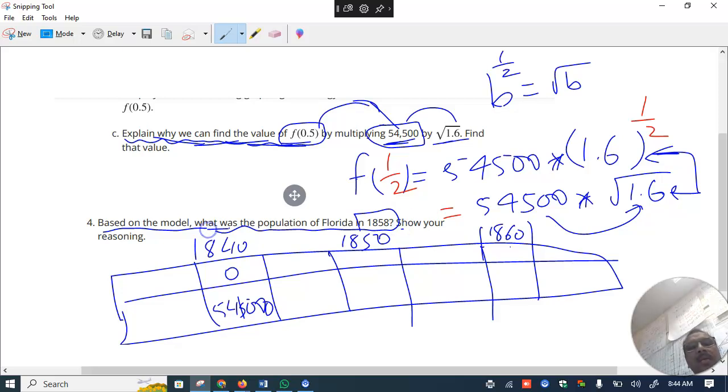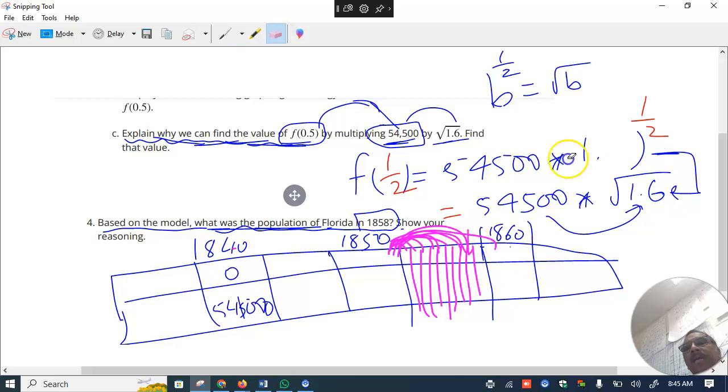What was the population in 1858? Now, where is 1858? This is 1840, this is 1850, and in between I can mark 5, 10 years. Look at this. It's like 1, 2, 3, 4, 5, 6, 7, 8, 9, and 10. So there are 10 years in between. And the question asked about 1858. And maybe this is the one. Let me take this off.